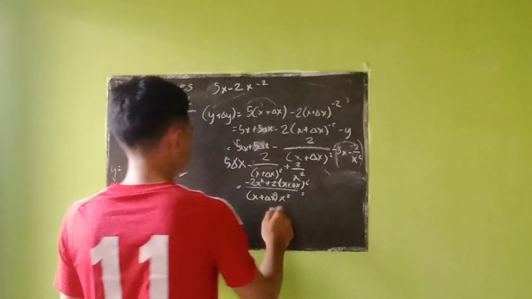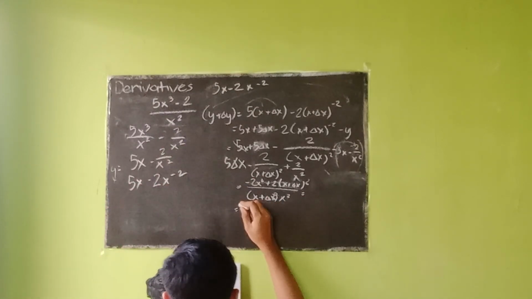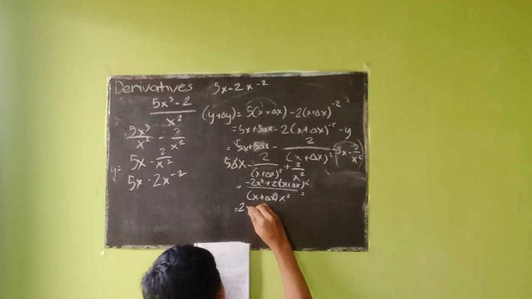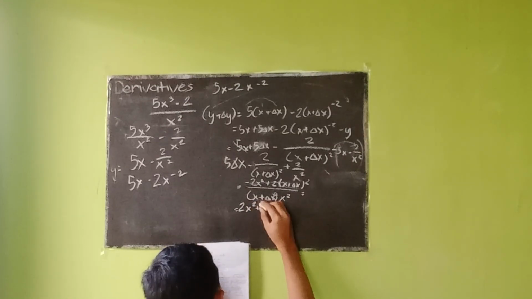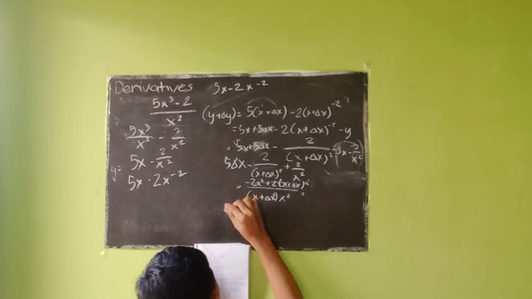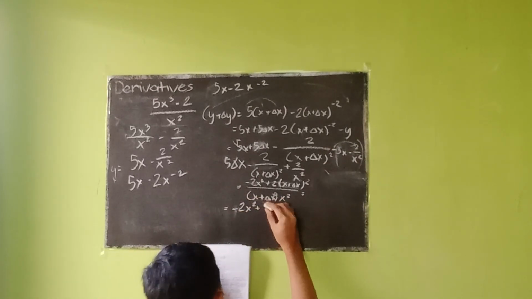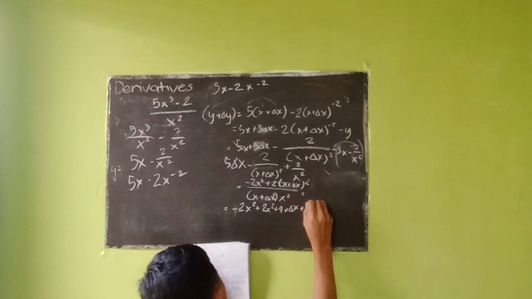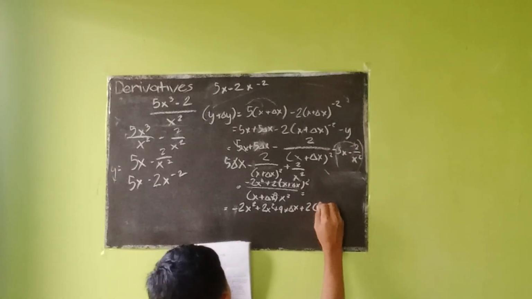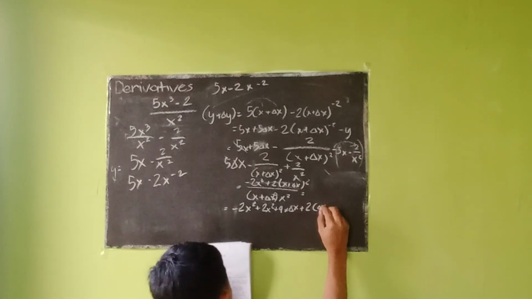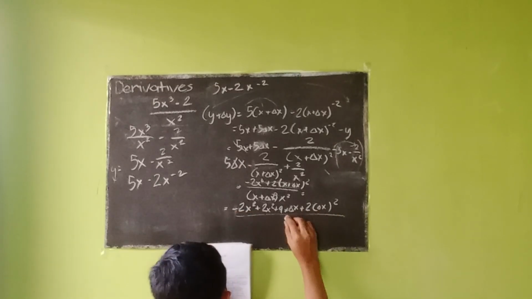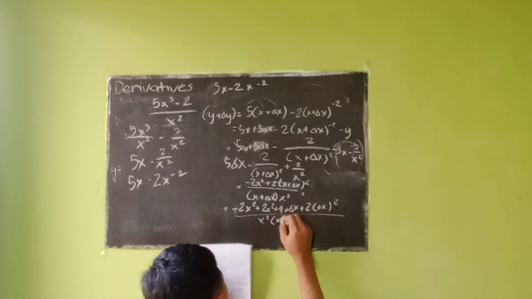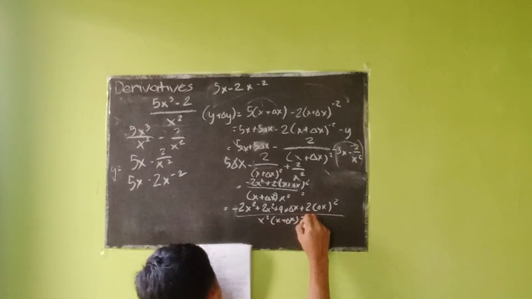It will be negative 2x squared plus 2x squared plus 4x delta x plus 2 times delta x squared all over x squared times x plus delta x squared.